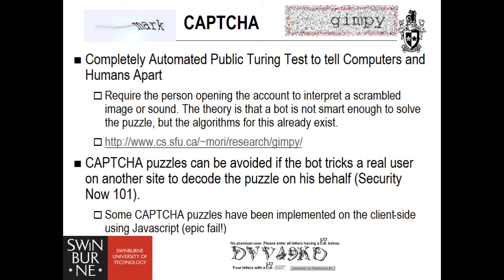Because there are times that the system is used not by a user but by a bot, so they want to avoid bots using the system. That's why the system puts in a captcha that needs to be solved by a human. So the purpose of the captcha is to stop bots from using the system.